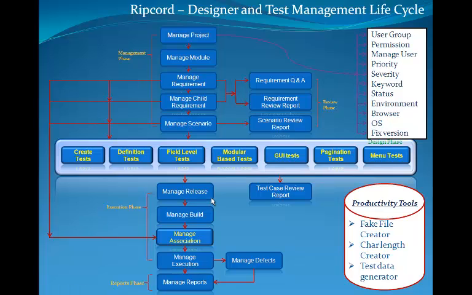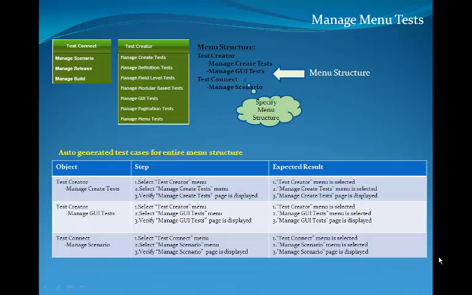next slide. But in this slide, we are going to discuss manage menu test, which helps in designing the test cases with consistent steps for the entire menu structure. Consider a product. It has 5 menus and 6 submenus for each.